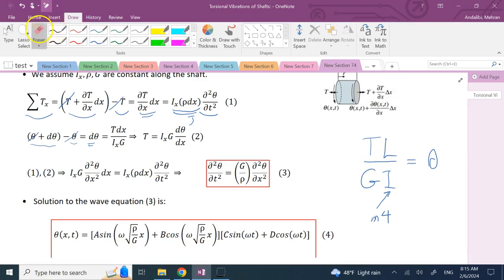If the length L was everything uniform along the shaft. Now in this case, we are only writing it about the small element. So instead of L, the length is dx, and instead of the total twist theta, it's only d theta. So we have to write it like that.